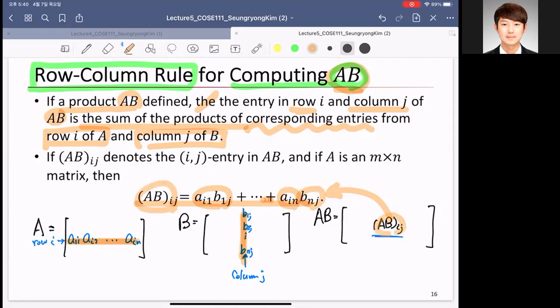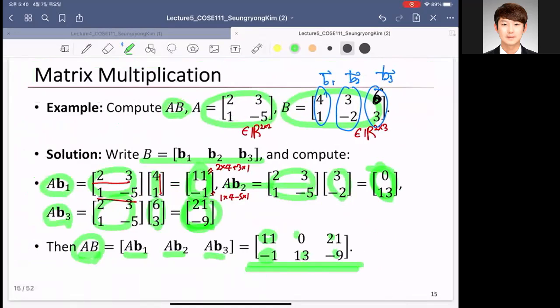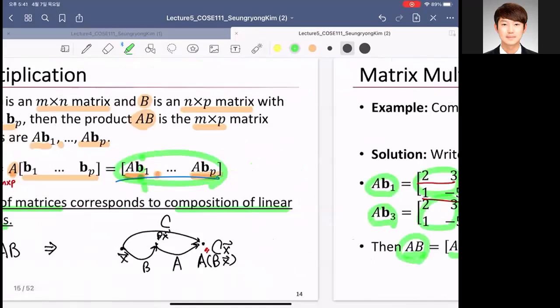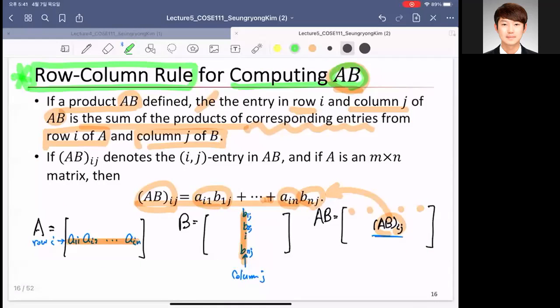By doing this, you can compute each element in AB, and then you can find the final matrix AB. This is just the row column rule. There's no proof; it's just a byproduct of the definition of matrix multiplication. If you rewrite this in each element, you can easily derive this rule.